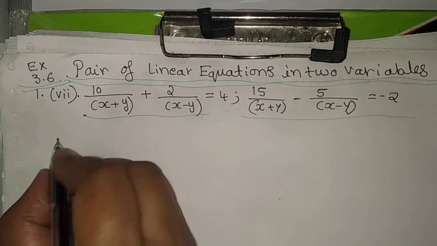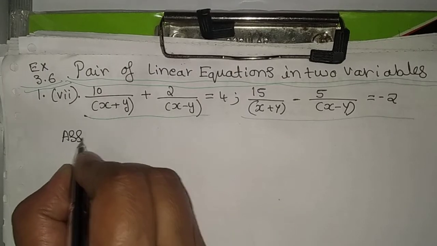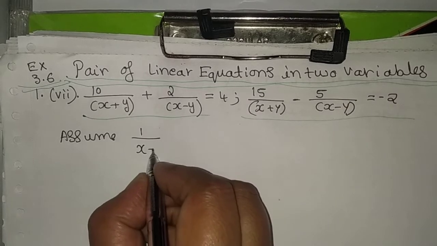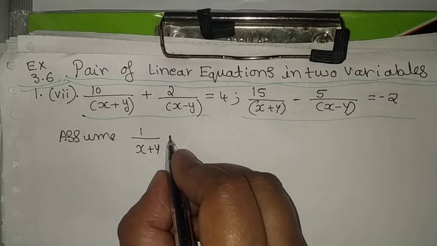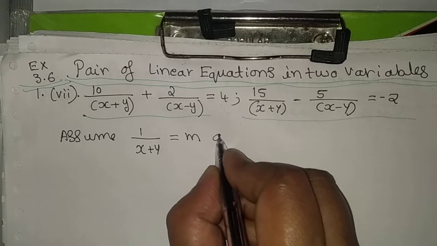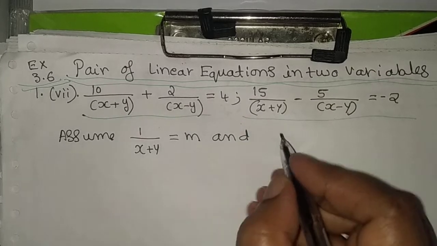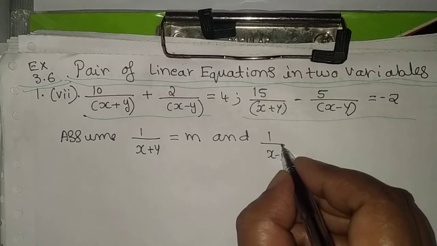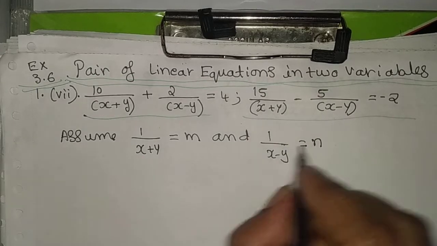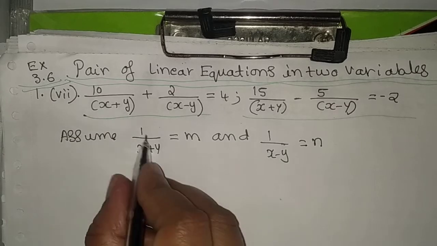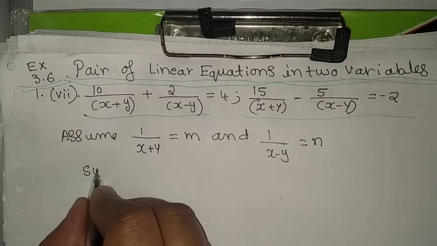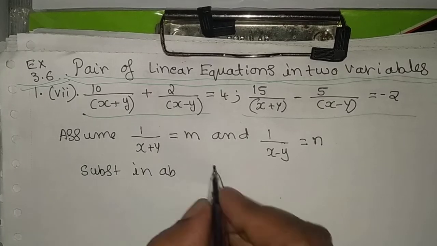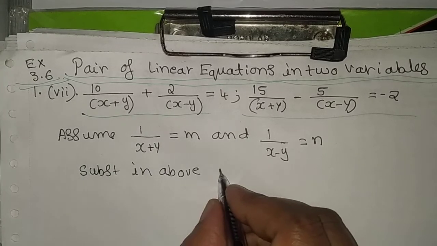So first step is assume, or we can write, let 1 by x plus y, which is there in the question, be m, and then 1 by x minus y be n. We'll take here. So we'll substitute this in the above equations.